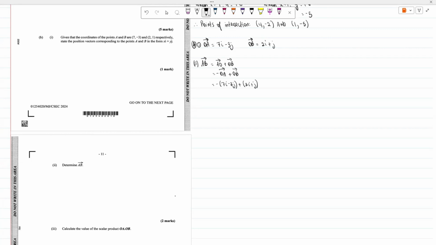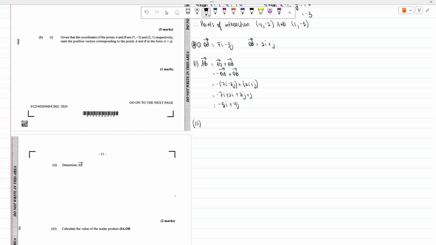Add the i components together, minus 7i plus 2i. Add the j components together, I'll get plus 3j in the beginning, plus j. Minus 7 and 2 is minus 5i, plus 4j. Part 3.